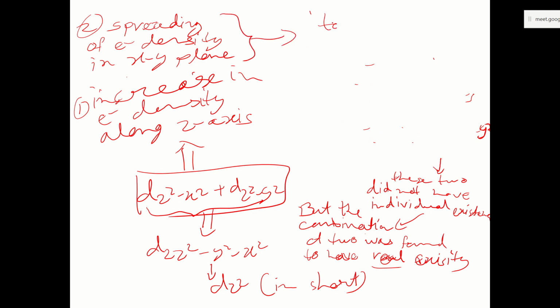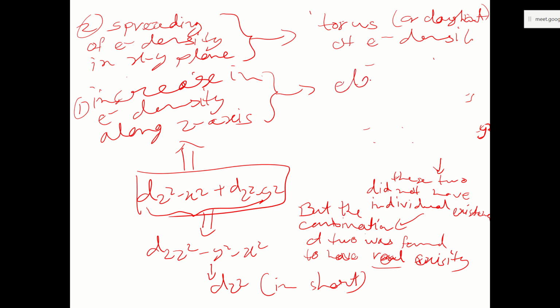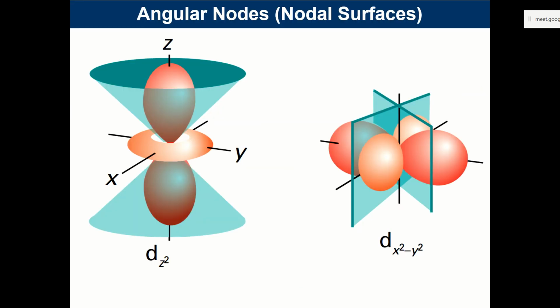So a torus, or donut-like electron density, and this is getting elongated along the z axis. That's why you are getting this special feature.